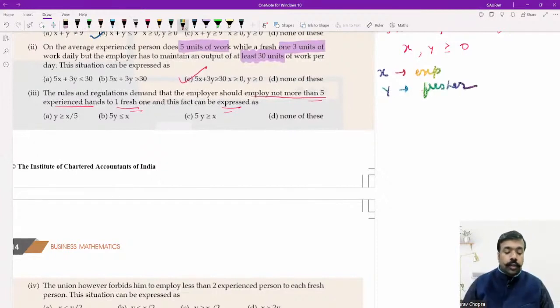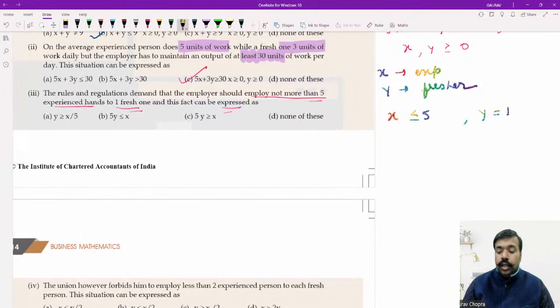Now what we have to see? We have to see the condition. He cannot employ more than 5. So experienced will be less than equal to 5. And what about the fresher? Fresher is 1 only. Fresher is equal to 1.